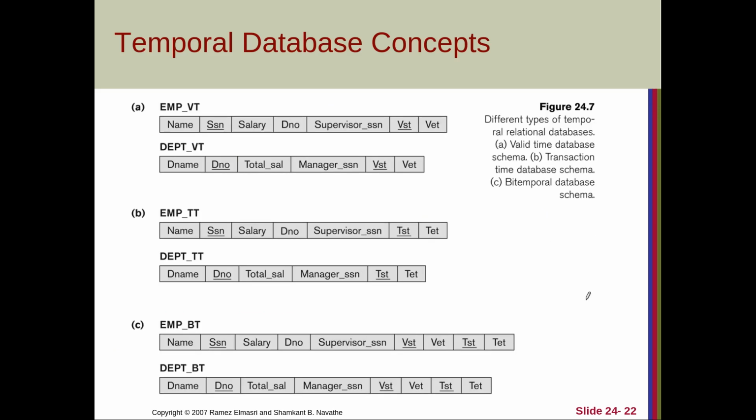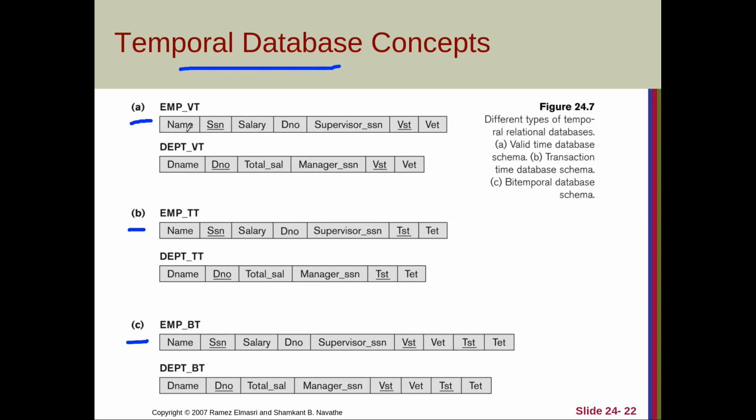So let us see some example. We are forming some temporal databases. So different types of temporal relational databases we are representing. There are three things. One is the representation of a general concept, A for an employee valid time database, B for an employee and department transaction time database, and third one is employee and department for a bi-temporal database.